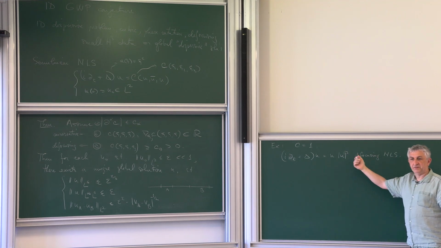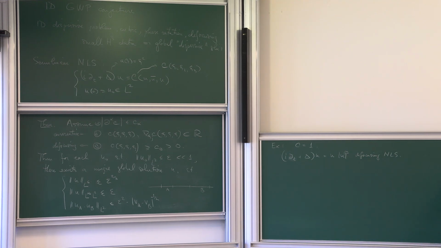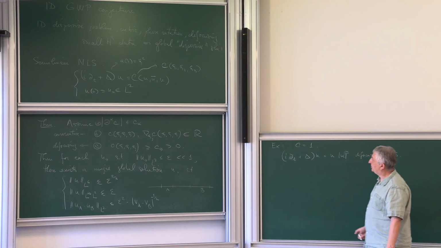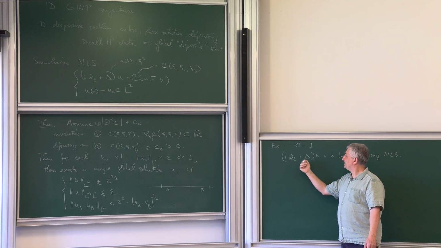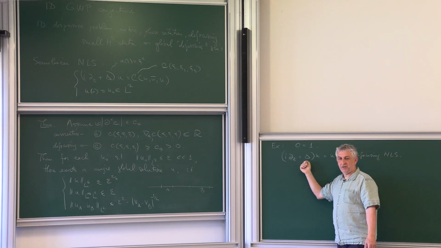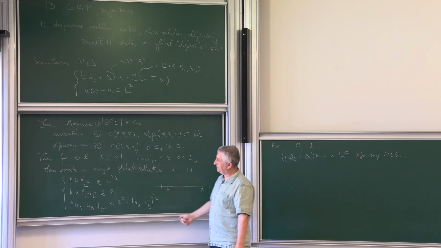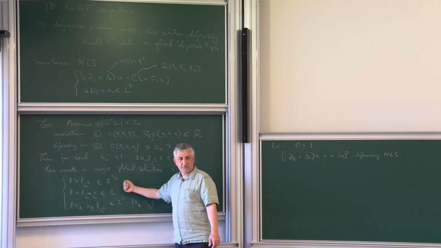And of course, this is a problem where we know we have global well-posedness in L2 and in a large range of Sobolev spaces. So the point that I wanted to make is that even for this problem, the estimates that are given by this theorem are new.